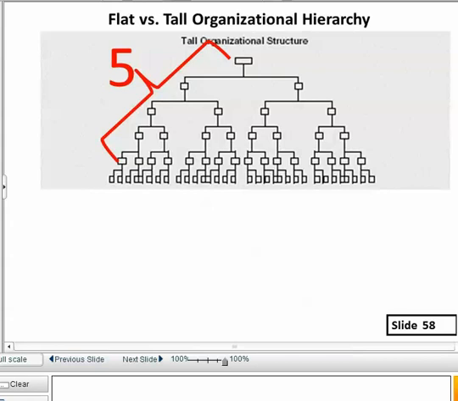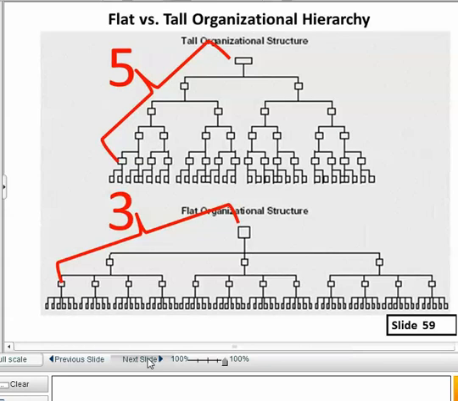A very tall organization is going to have many intermediate levels, as we see here, whereas a flat organization will have very few intermediate supervisors, and so each supervisor will have many people reporting to them. So it's kind of many compared to few, and many in between.